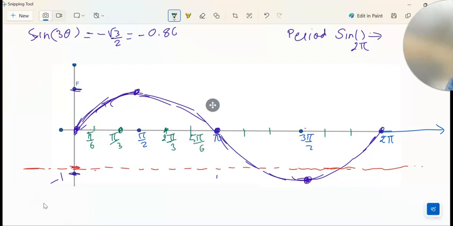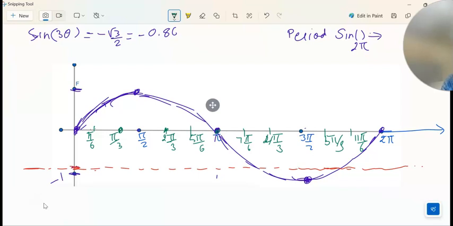This is 2 pi, which is actually 6 pi by 6, so this will be 7 pi by 6, 8 pi by 6 which becomes 4 pi by 3, then 9 pi by 6, 10 pi by 6 which is 5 pi by 3, and then 11 pi by 6. So it's good to know all this.